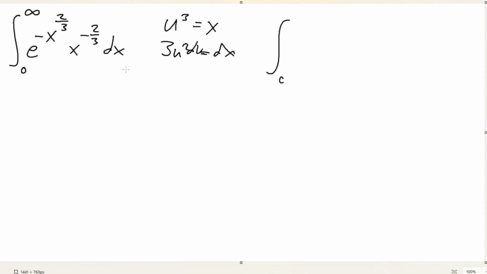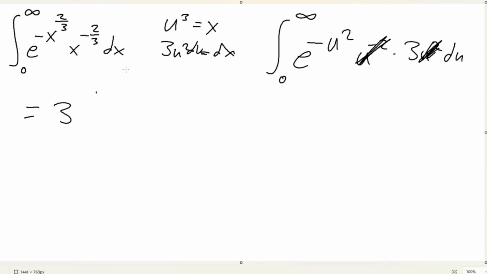Then we would end up getting what? e to the negative u squared, and then we get u to the negative 2, and then we also have 3u squared du. So this cancels out.